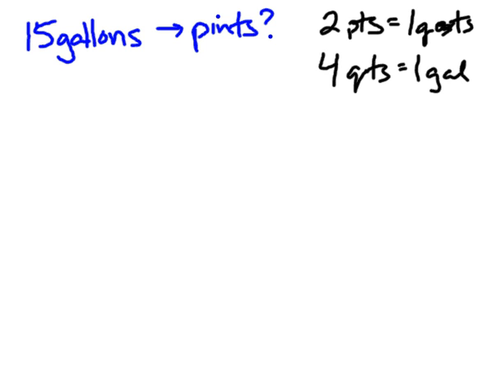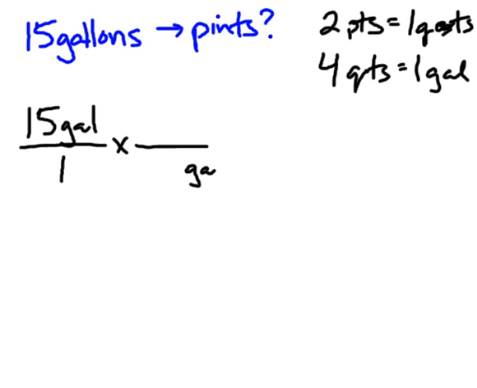So we start with what we're given over 1. There's 2 sig figs here, so let's make sure our answers at the end have 2 sig figs. Okay. I need to put gallons on bottom. I do not have a direct gallon to pint relationship, so I need to go through another unit. In this case, I'm going to go through quarts. So I have 4 quarts in every 1 gallon. I go again.